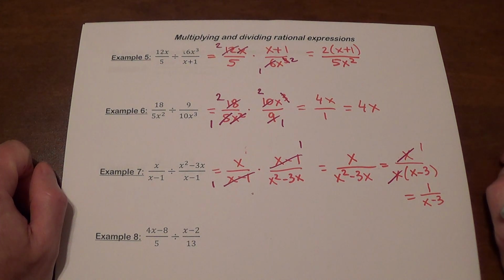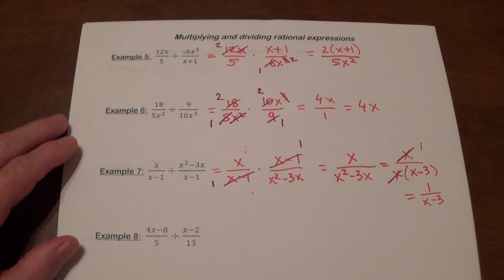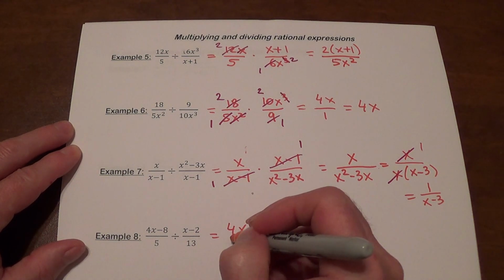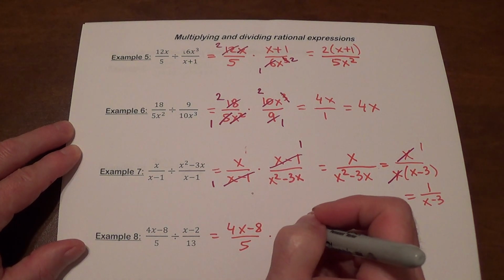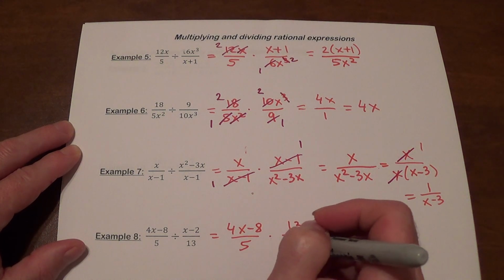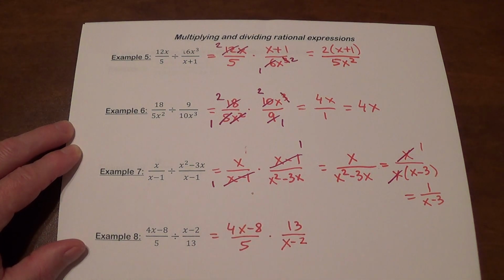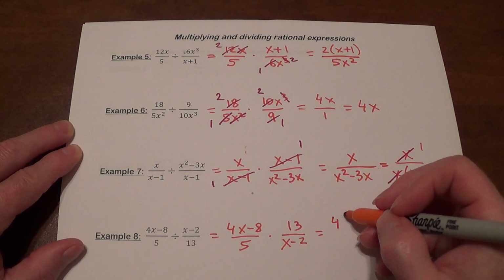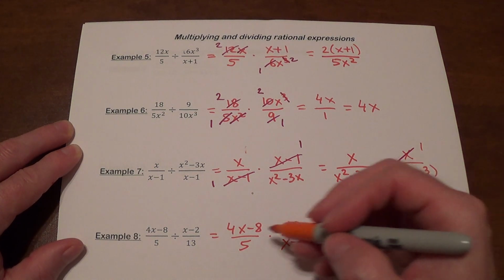Okay, next problem. So let's rewrite first. 4x minus 8 over 5 times 13 divided by x minus 2. Nothing looks like we can cancel, so let's try to factor. So we can factor out 4 out of this.